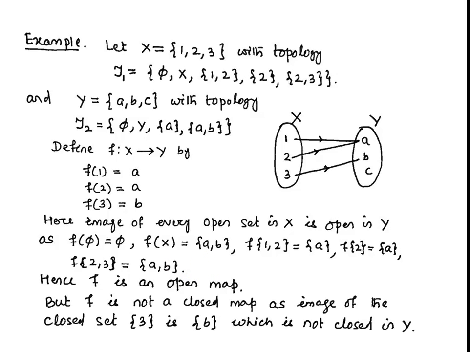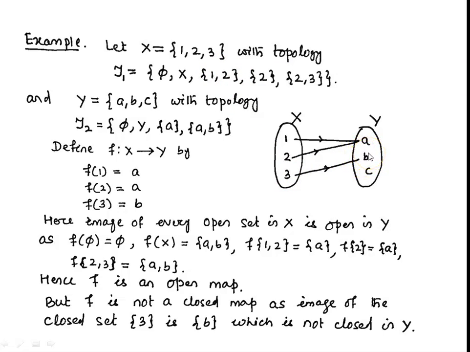But this map is not a closed map, because {3} is a closed set in X, because complement of {3} is {1, 2}, and {1, 2} is open. Now image of {3} is singleton set {B}.